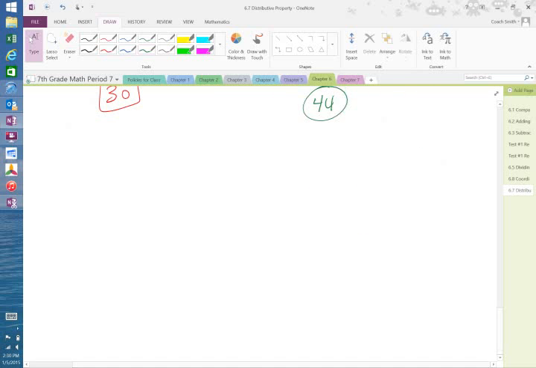Okay? Let's look at this one. This one's a little harder. Not really, but you just have to remember the rules that we did on the board when we first came in. 13 times 3/7 minus 13 times negative 4/7.